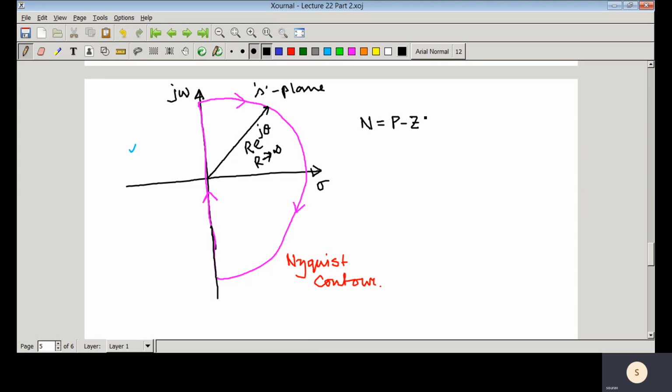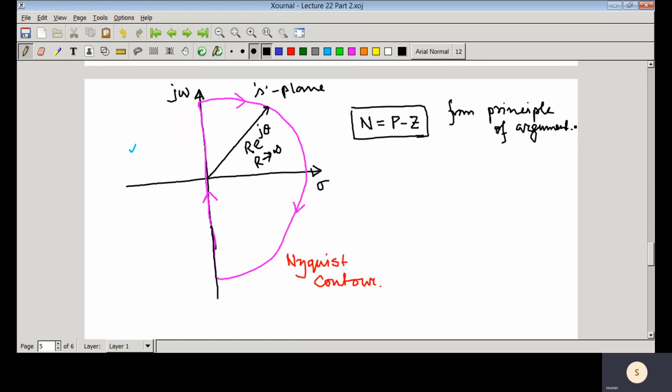So here the mapping is 1 plus g of s h of s, or you can say the mapping would be g of s h of s. This concept we get from the principle of argument.